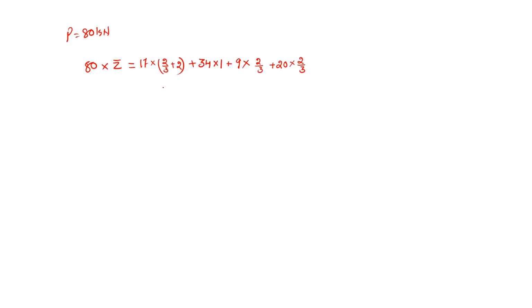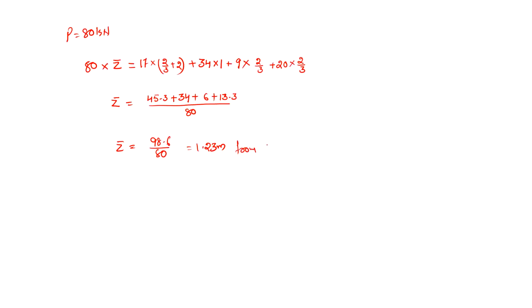So the entire value we can get like this: Z bar is equal to 45.3 as the first term, plus 34, plus 6, and the next 13.3, divided by 80. 80 is the force. So the entire value we get is 98.6 divided by 80, which is around 1.23 meters, right?